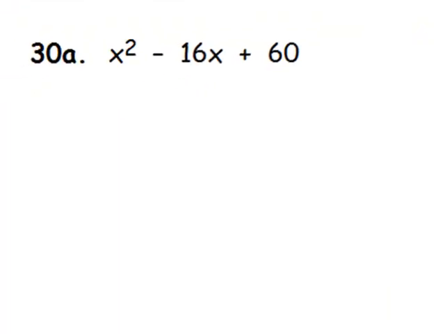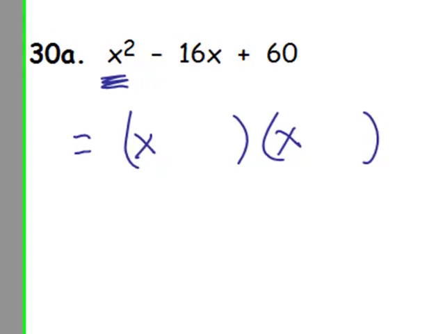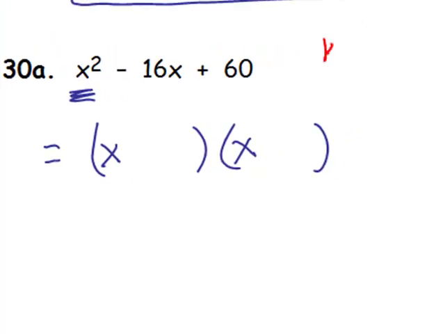Moving on to number 30a, we have a trinomial here. And because this is simply x squared, if it factors at all, it's going to factor into binomials starting with x and x. And we must play the factor game to figure out what it is that we have here. In this case, the key number, sometimes called the product number, is 60. That's 1 times 60.